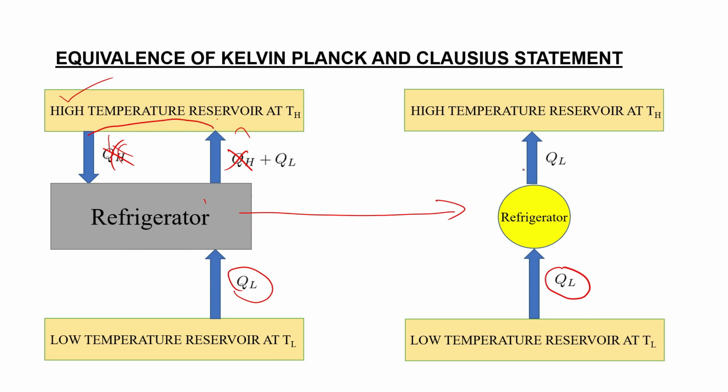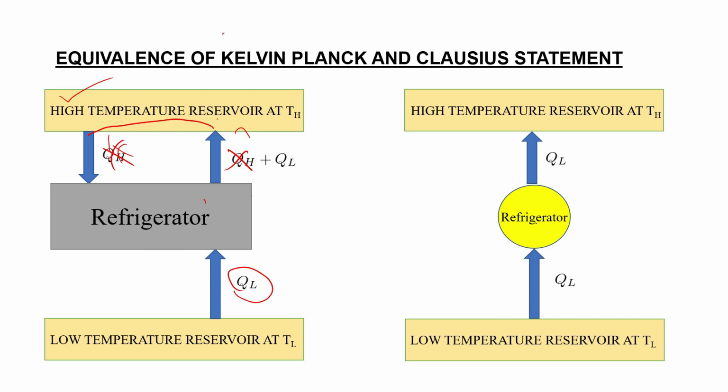That means it takes in heat QL and rejects heat QL. So this is a refrigerator, and you can see that this refrigerator violates Clausius statement.